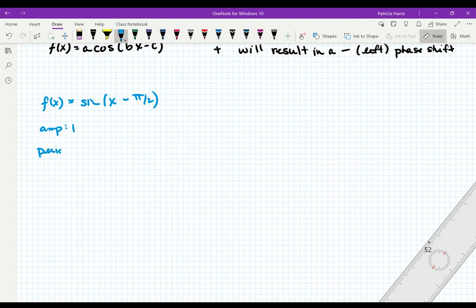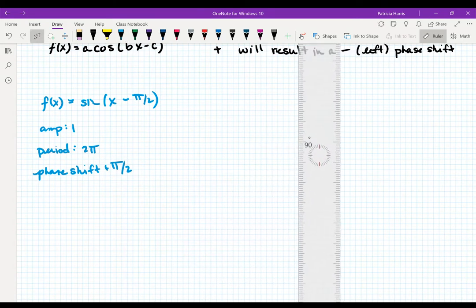Period, no change. Okay, because there's a 1 in front of your x, so 2 pi. And then the phase shift is positive pi over 2. So my graph is going to shift pi over 2 to the right. Okay, here we go.